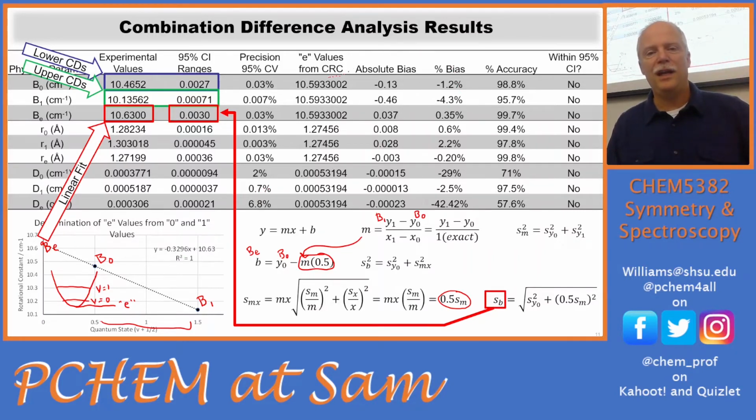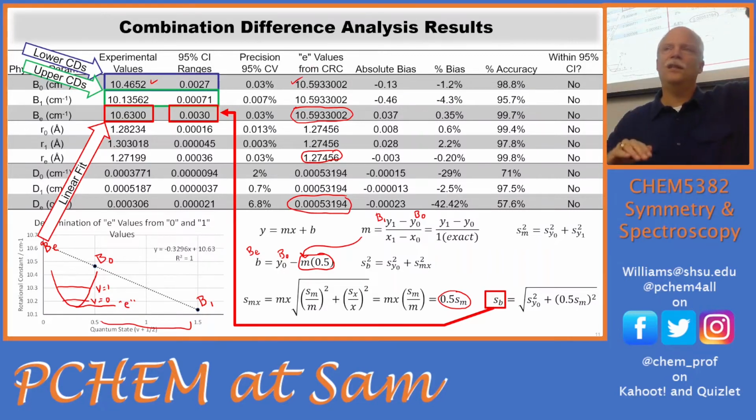Well, I've got my E values from the CRC, so really these are the only ones that we should be looking at, here and here. You know, that's another reason why you want to calculate these RE values, because it's not fair to compare my B0 to BE, right? Because they're two different things.